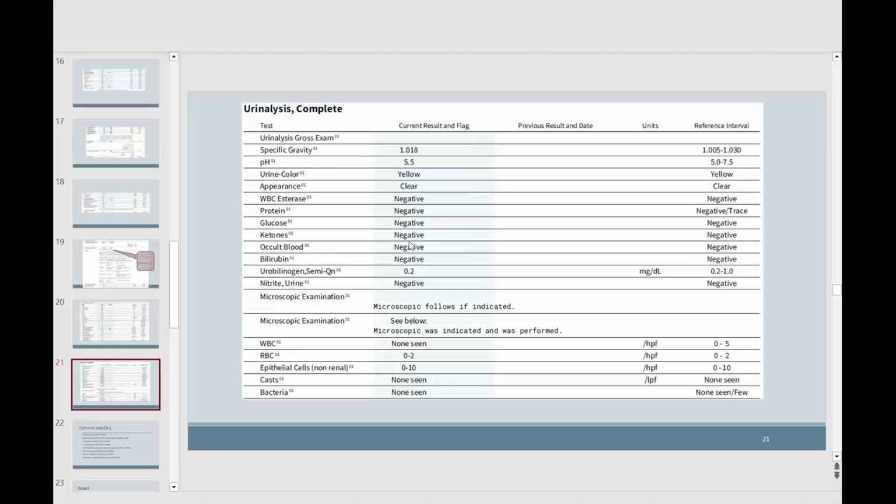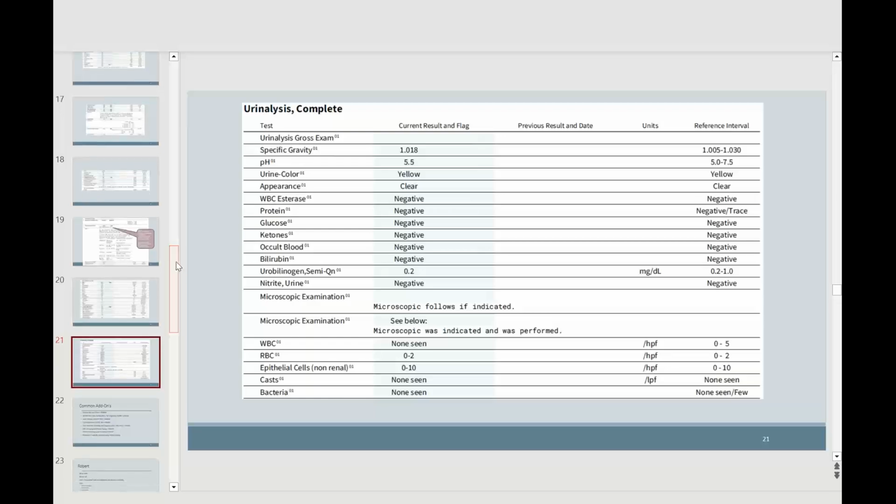Is there bacteria seen? So just in your instructions to your patient, let them know they need a clean catch. And usually every bathroom in LabCorp tells you how to do the clean catch, but just mention it to the patient that you want a clean catch. So that needs to be treated.